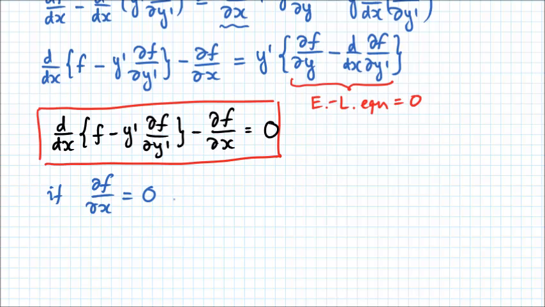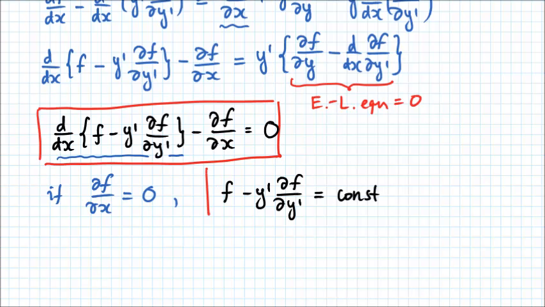Then we end up with this full derivative being equal to 0, which we integrate and obtain the following: f minus y prime partial derivative of f with respect to y prime is now constant. So this in fact is very useful, as we'll see when solving various problems.